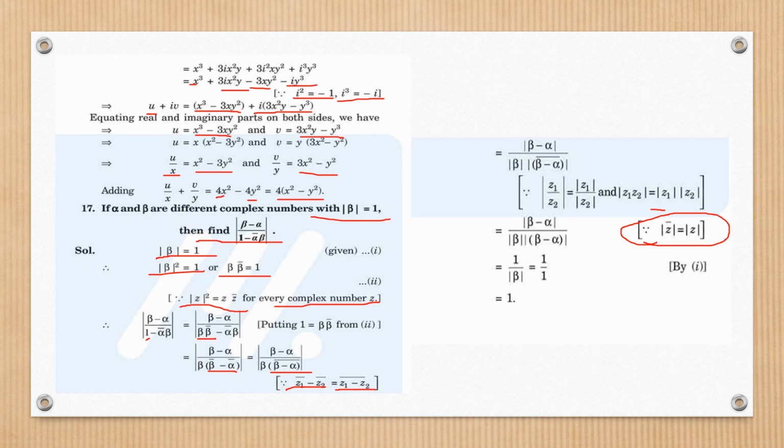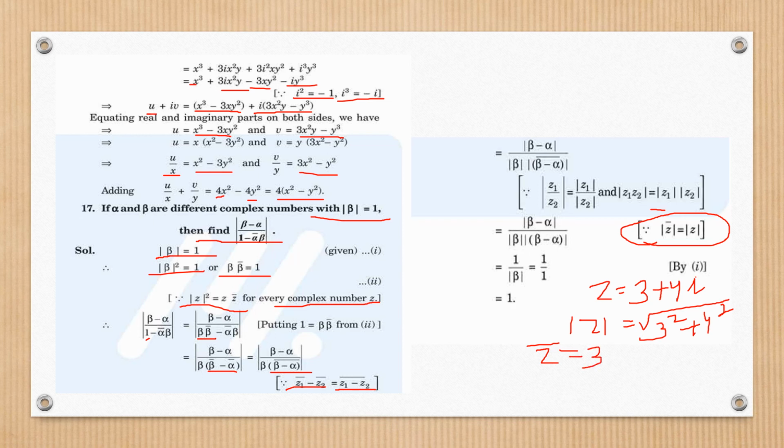Why? Because for modulus we are just concerned with the real and imaginary parts. If a complex number is 3 plus 4 iota, its mod is the real part square plus imaginary part square, so it is 3 square plus 4 square, not concerned with iota. Similarly, what will be z conjugate for this complex number?